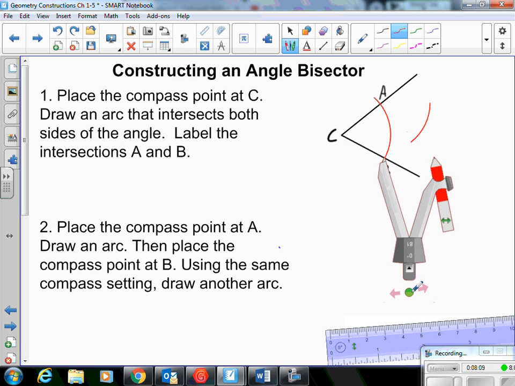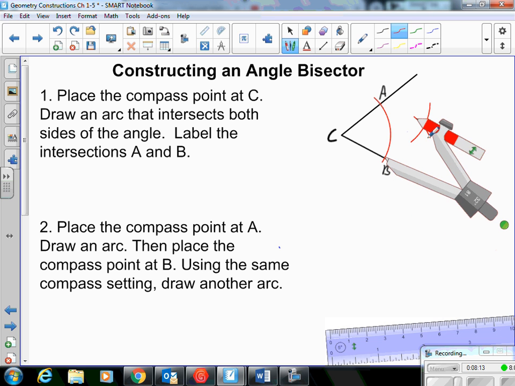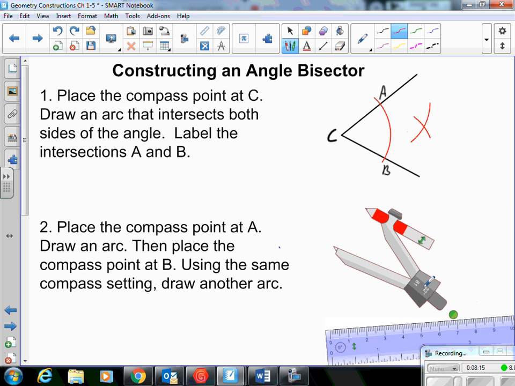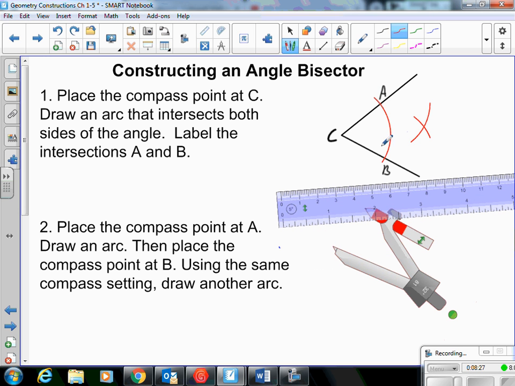And we're going to draw another arc that needs to intersect the first arc there in the middle.